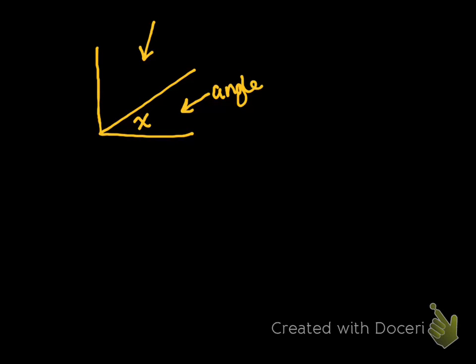So we like to draw our right angles here, and complementary angles are two angles that add to 90. So we could call this angle x, we don't know what we're solving for, and whatever we have to add to x to get to 90 degrees is going to be our complement right here. So this is our angle, and our complement.